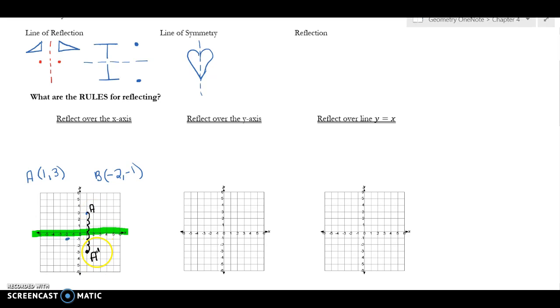Whenever we find a reflection, remember that it's a new image, and so you have to have the prime. So A prime went to 1, -3. And then from point B, I'm 1 away. So I go 1 up, and that's B prime. And so B prime is at -2, +1.